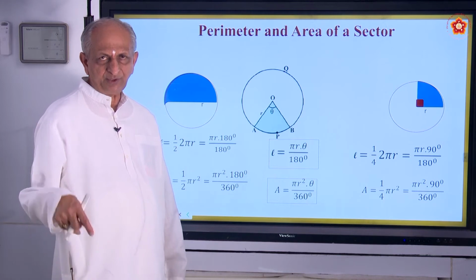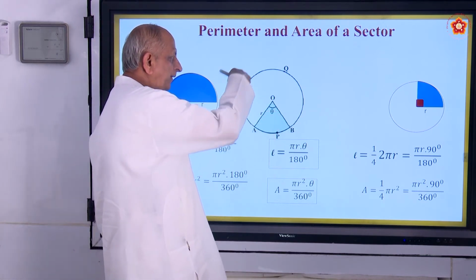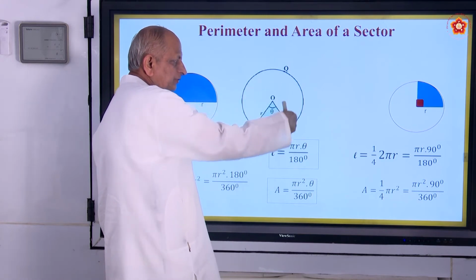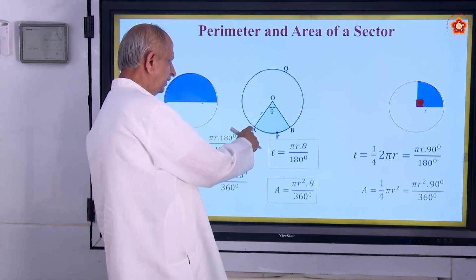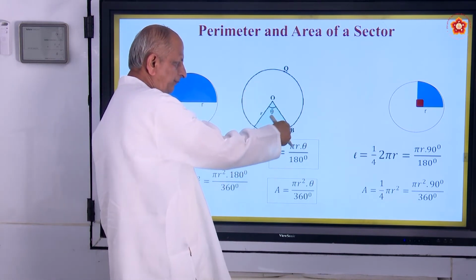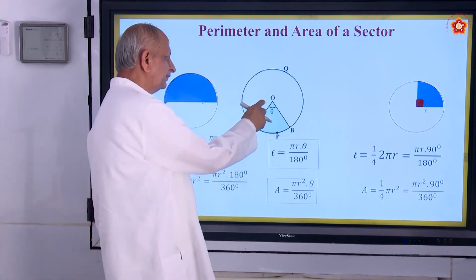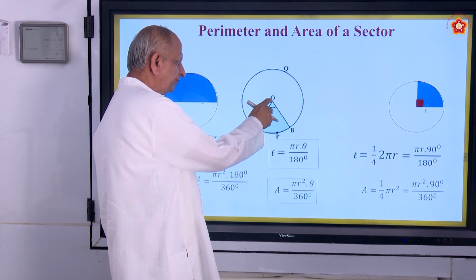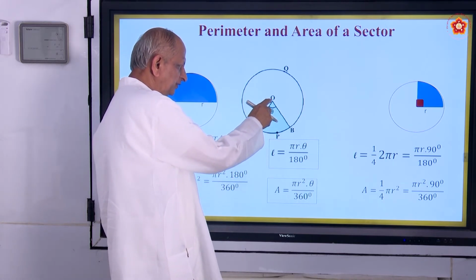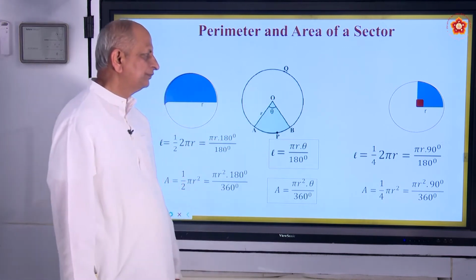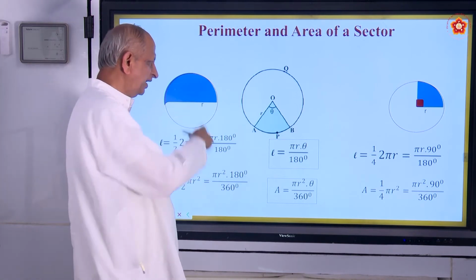Just now I defined about circle. What is a circle? Circle is the locus of a moving point. So, this moving point A will go to Q, will go to B and come back, which moves at a fixed distance. The distance is called radius, this is a fixed point is called O. So, if you divide that circle into 2 parts, it is called semicircle.